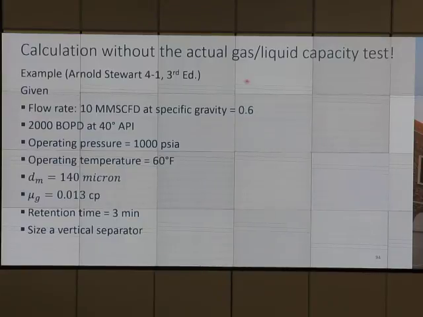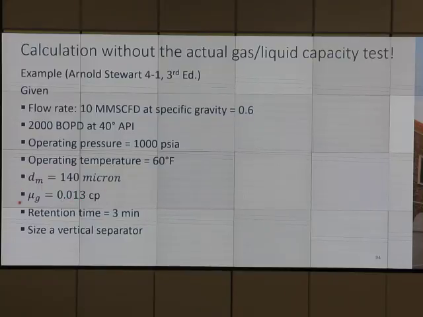We have a flow rate of 10 million standard cubic feet per day, a specific gravity of 0.6, 2,000 barrels of oil per day at API gravity of 40 degrees, operating pressure of 1,000, operating temperature of 60, droplet size 140, gas viscosity 0.013.